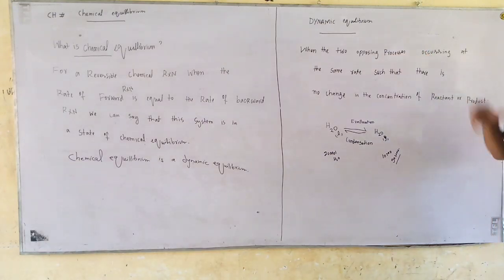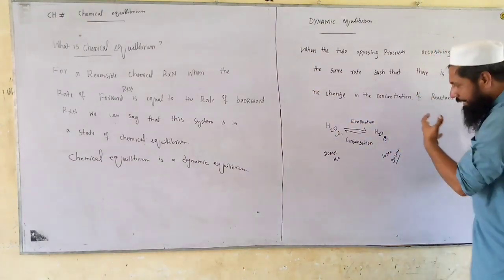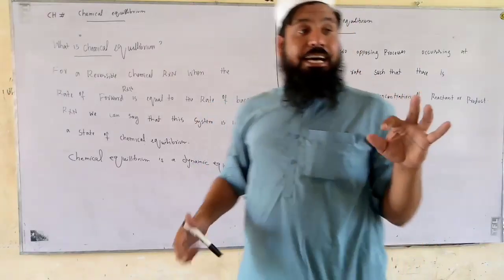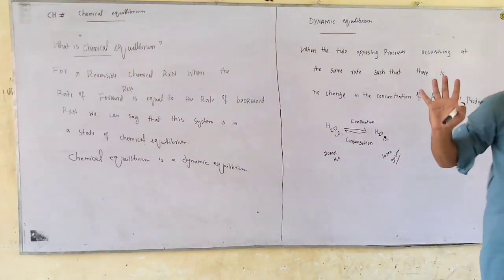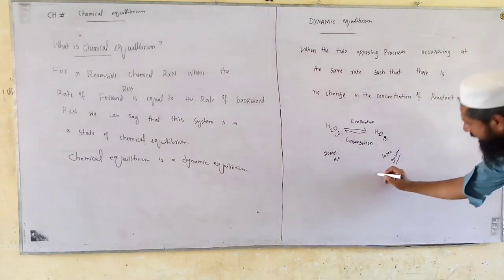When the two opposing processes are occurring at the same rate, evaporation is a process, condensation is a process. Okay, so dynamic equilibrium is a general term used for the chemical processes as well as the physical processes.